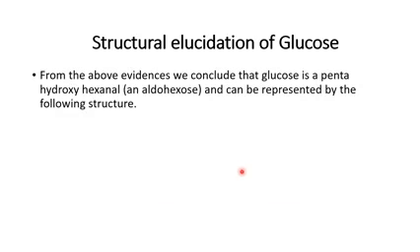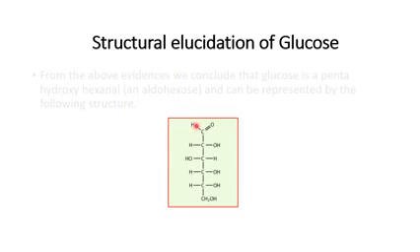With the above evidence, we say that it is an aldohexose. The formula is: the first carbon has a CHO and the second carbon CHOH, and there are lots of other experiments which we are not showing for the sake of simplicity.